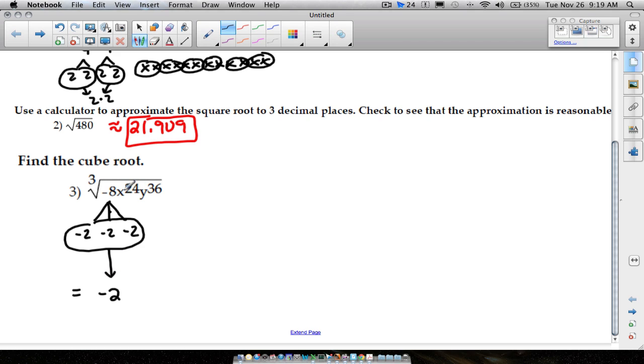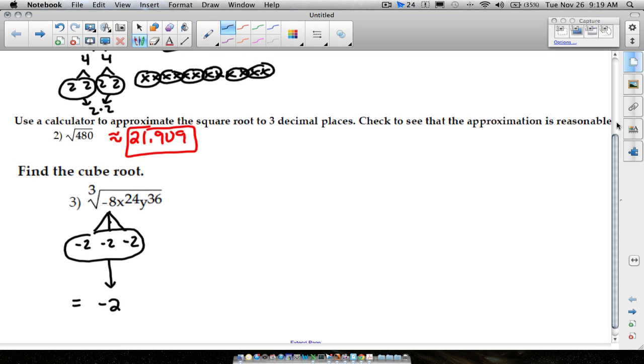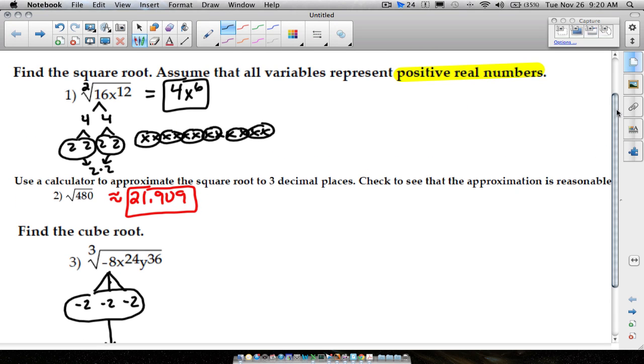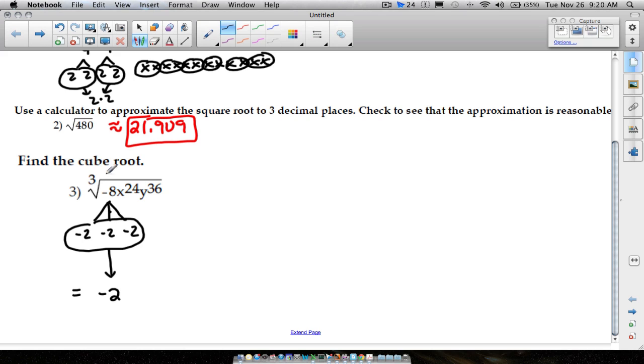Now, do not waste your time and write down 24 x's and 36 y's like I did back in number 1. You want to ask yourself, how many times does 3 go into 24? Therefore, we can pull out 8 groups of x's because 24 divided by 3 is 8. And doing the same thing with the 36, 36 divided by 3, we can pull out 12 groups of y's. And that's our final answer to number 3.